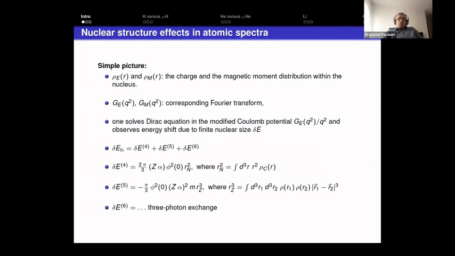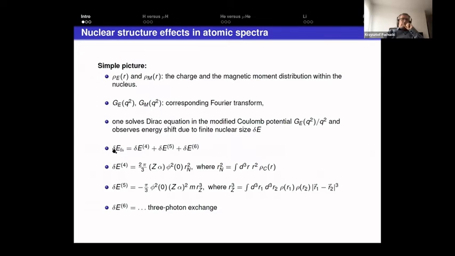is a function of the fine structure constant alpha. So it is convenient to perform an expansion in this fine structure constant alpha and interpret each term of this expansion separately. Delta E_FS is this shift of the atomic energy levels due to the finite nuclear size.